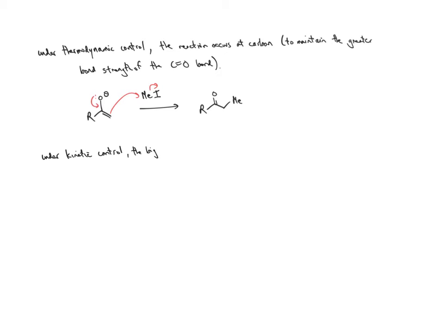The big lobes of electron density on either carbon or oxygen means either can react, and this is driven by electrostatics.